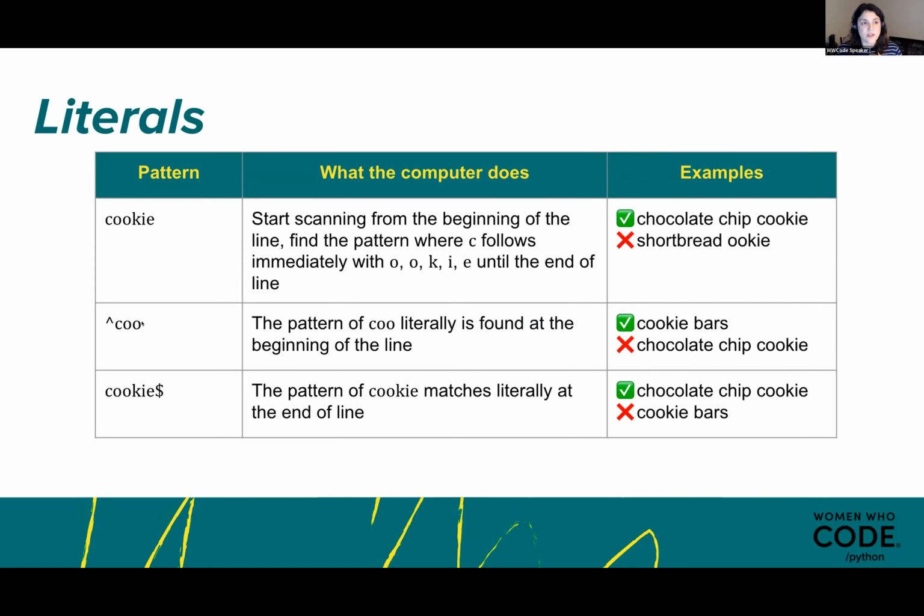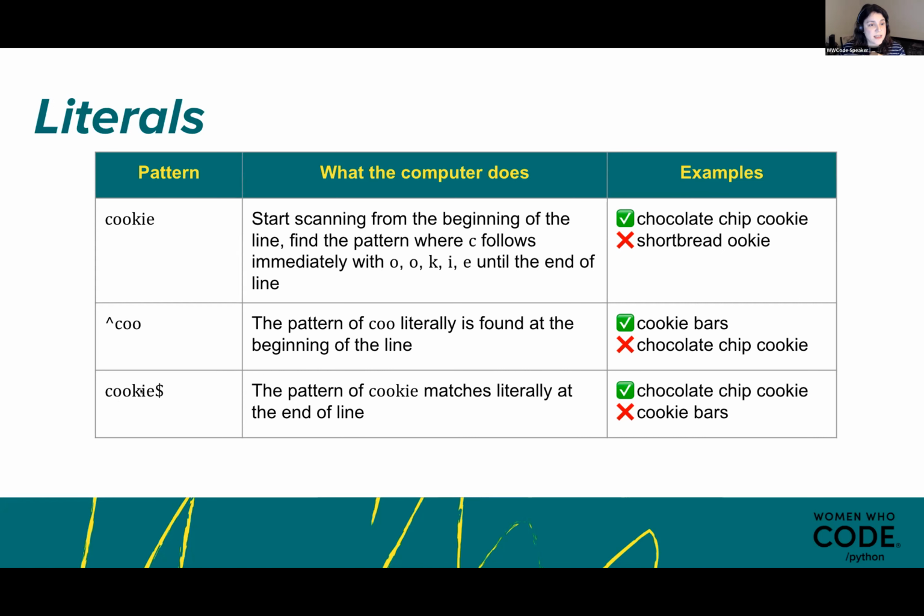One of the things you can do to be a little bit more precise than just there's the word cookie somewhere in the string is you can provide it with a start or an end mark. So the start mark is this caret. You're going to find it above the 6. And that will say it has to start with the word cookie. So cookie bars would match, but chocolate chip cookie would not match in this case.